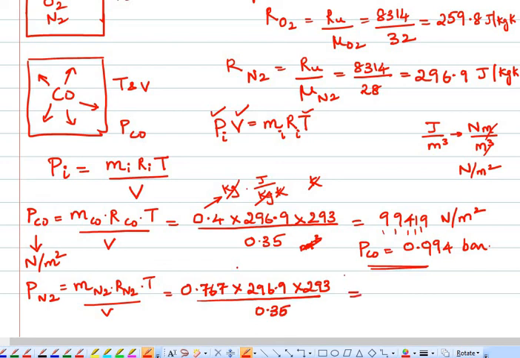This will be giving the partial pressure as 190,636 Newton per meter square. So if I want to convert it into bar, I have to divide by 10 power 5. So 5 digits I have to bring before: 1.906 bar.